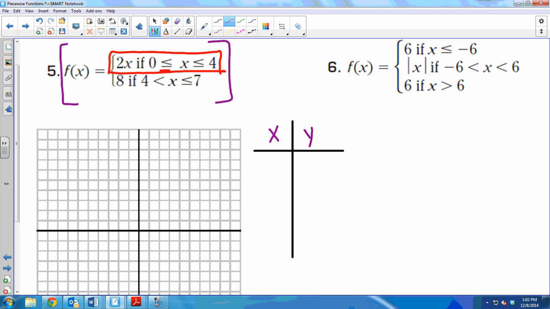The symbols indicate that they could include 0 and 4 as well, right? So in my table, I'm going to use numbers 0 through 4. I can't use any other numbers because it's not in the interval. I could use decimal values, but I can't use like -3. I can't use 10. I'm only allowed to use numbers 0 through 4.